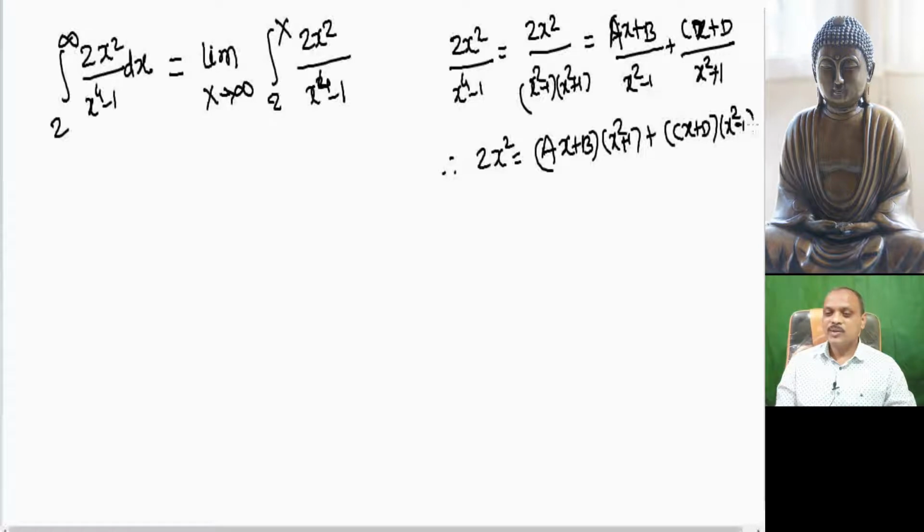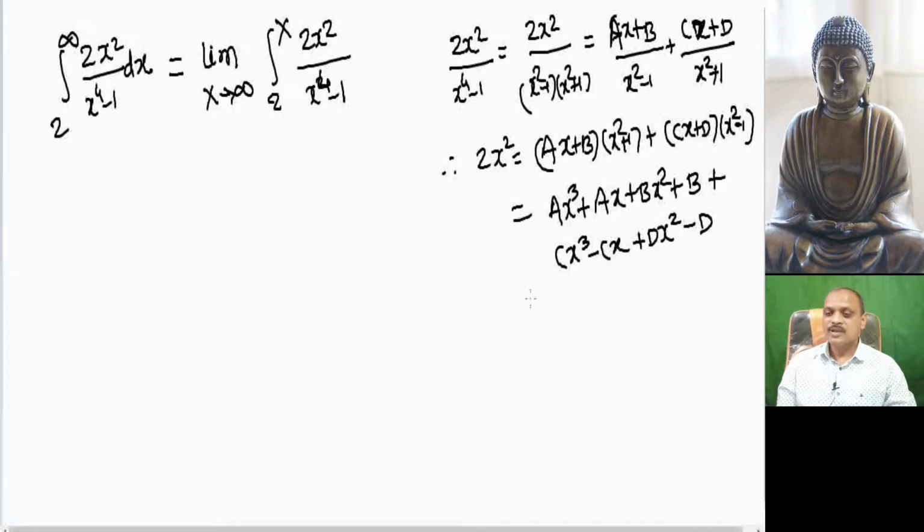Then a into x cube plus a into x plus bx square plus b plus cx cube minus cx plus dx square minus d, or a plus c into x cube plus b plus d into x square plus a minus c into x plus b minus d.